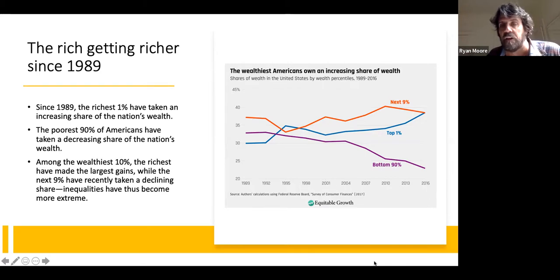But since about 2001, they've done nothing but increase their proportion of the wealth, so that today the 1% owns between 35 and 40% of all the total wealth. Whereas in 1989, they owned 30%. And in the 1970s, it was more like 20%.